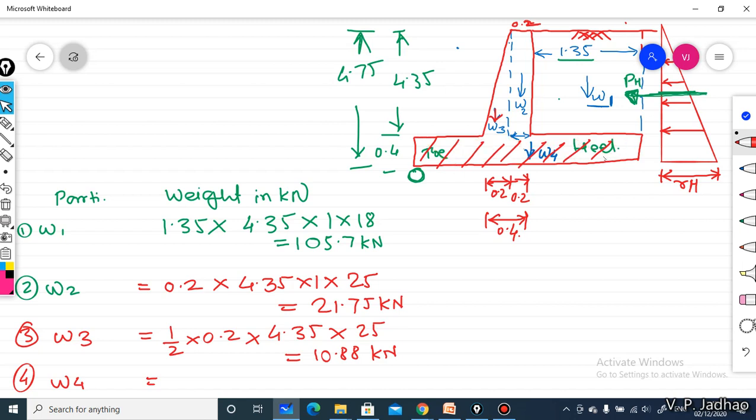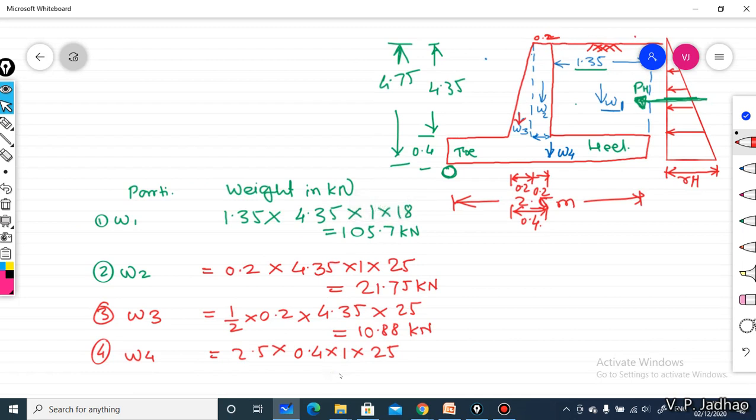This is equal to the width of the base slab, that is 2.5 meter, multiplied by the thickness of the base slab, 0.4, multiplied by 1, multiplied by the unit weight of concrete as 25. So this comes out to be 25 kilonewton. Okay, I will delete this.